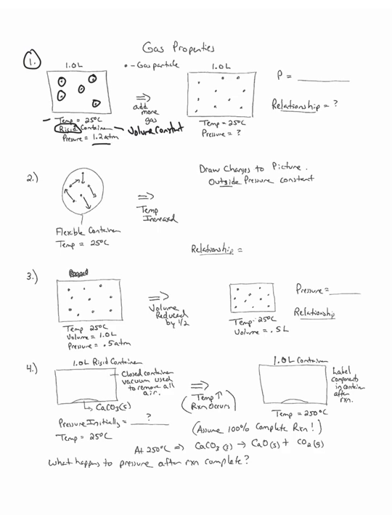We measure pressure of a gas in atm, which is atmospheres. We can also measure it in another unit called millimeters of mercury, another unit called torr, and the last one is kilopascals.